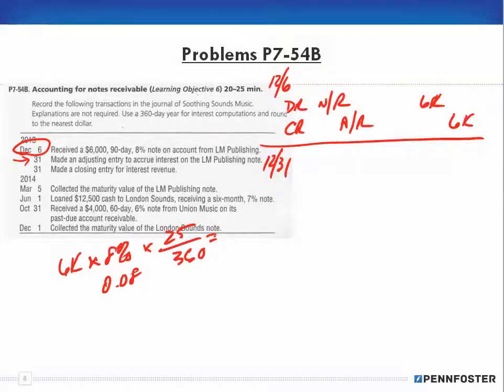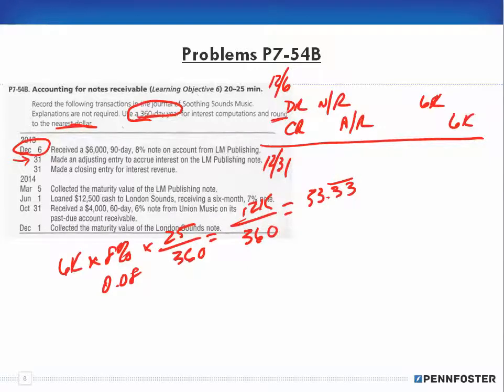Do the math. 6,000 times 0.08 times 25 gives me 12,000 over 360. We're using the 360 because it says use 360 per year and round to the nearest dollar. So this actually ends up being 33.33 as a repeating decimal.